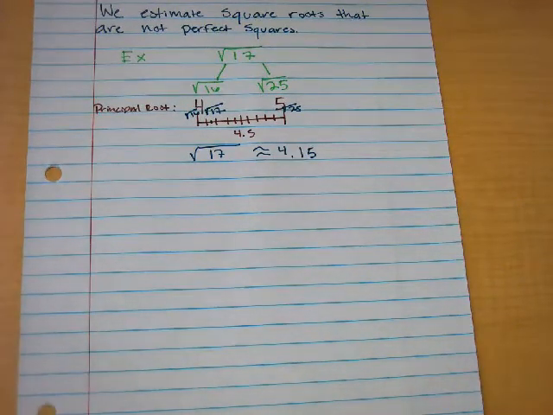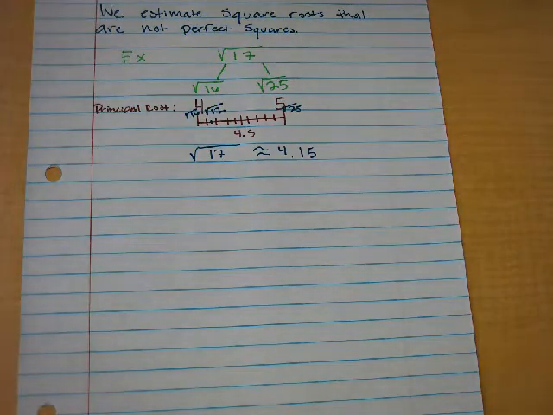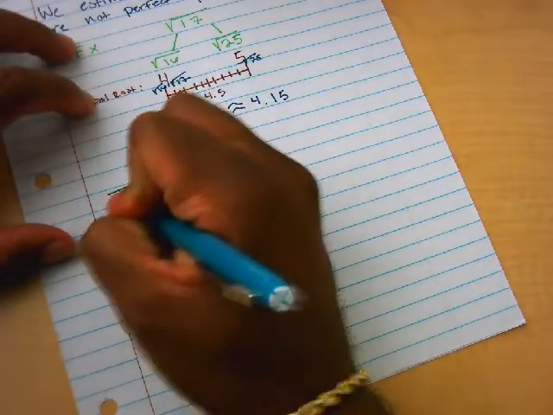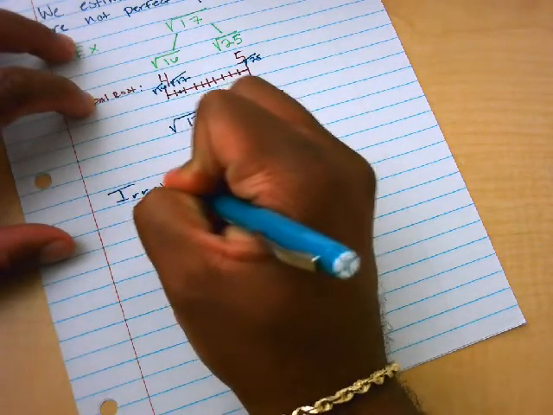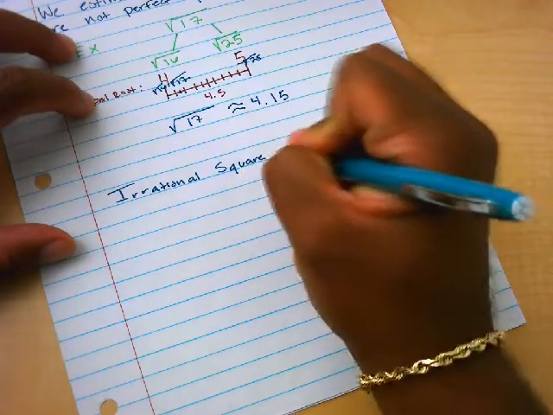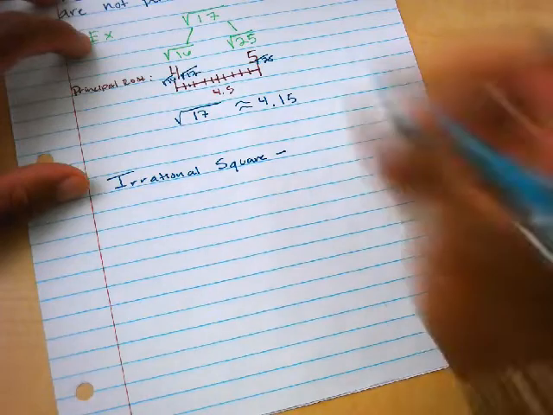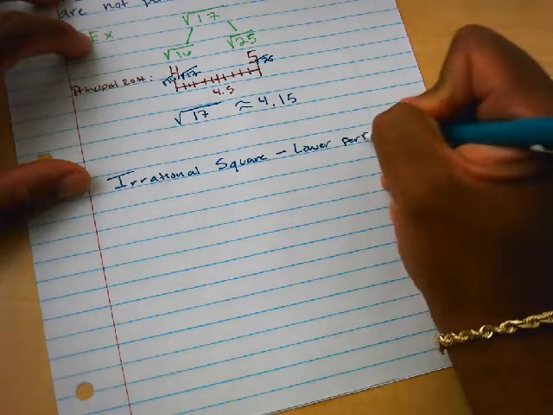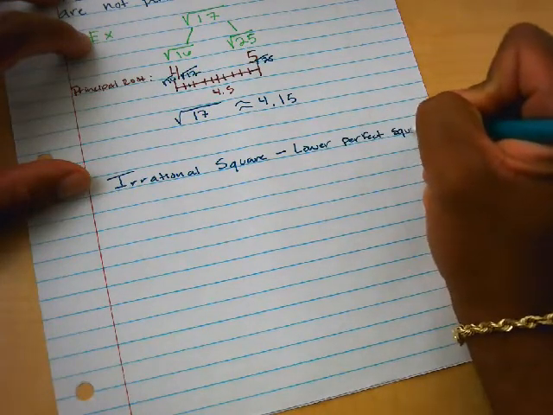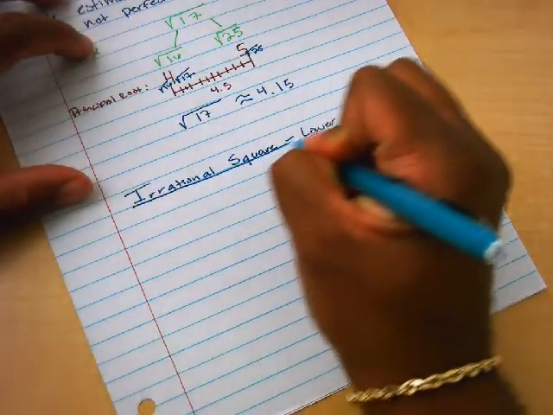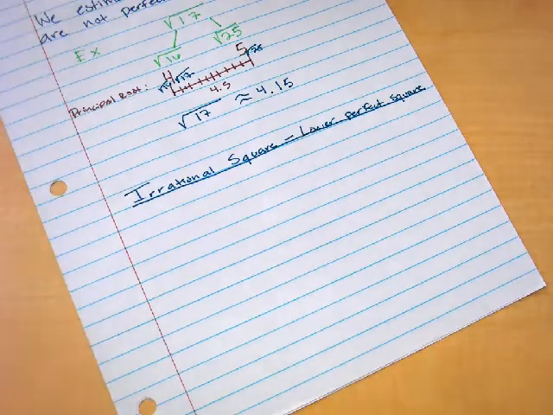But if you want to be a little bit more specific, again, not perfect, but a little bit more specific, there's a formula we can use. So the formula is we take the irrational square and we subtract the lower perfect square. Okay? And we're going to put that over, it's going to be a fraction.